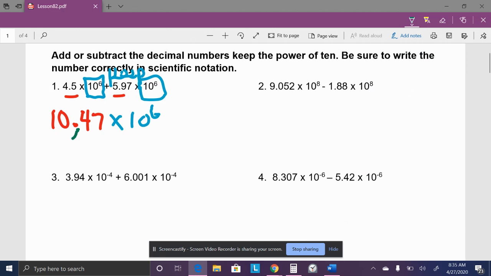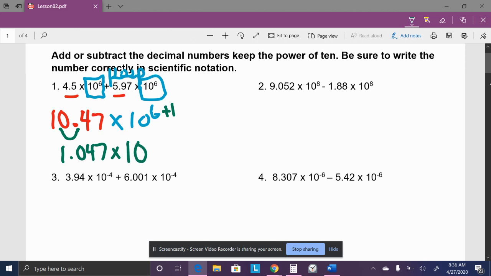So I'm going to change it to 1.047 and adjust my exponent. When I make this number smaller, this number gets bigger. So it's 1.047 times 10 to the 7th. Again, a common mistake is forgetting to put it in scientific notation at the end. And that's your final answer.